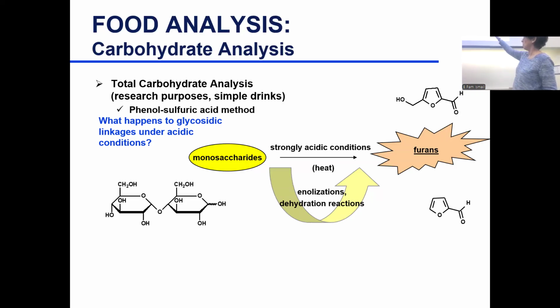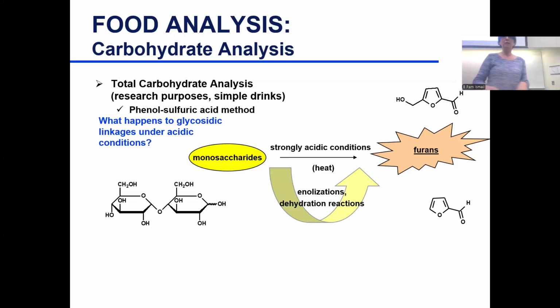This is a series of enolization, which is a dehydration reaction. Carbons will form double bonds, and you would lose hydrogen, H2O. And then these components form a mixture of furans, depending on whether you have glucose, fructose, or galactose; all will form different forms of furans.